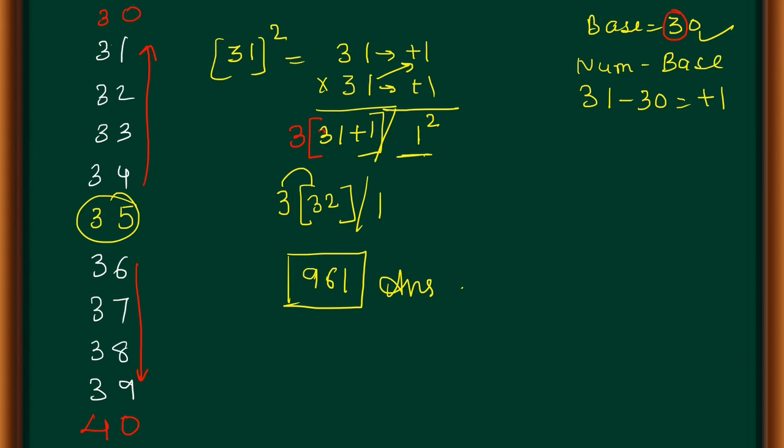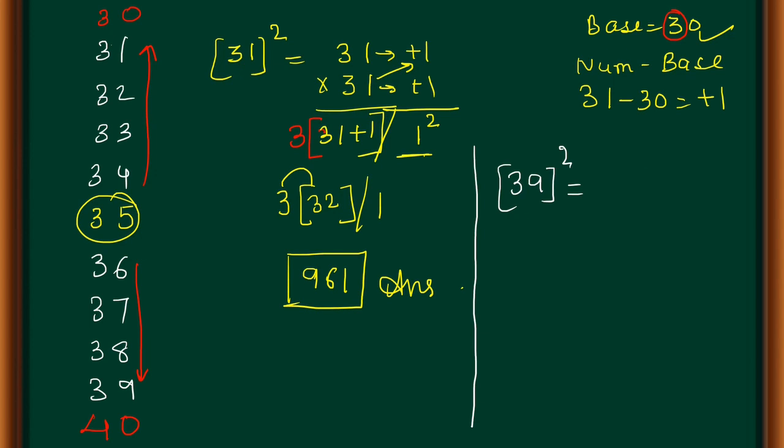You can take any other number. Now let me do this with a number which has 40 as a base. How will it work? Suppose we want to do 39 square. 39 is close to 40, correct? So it is going to be 39 into 39, but the base is 40.